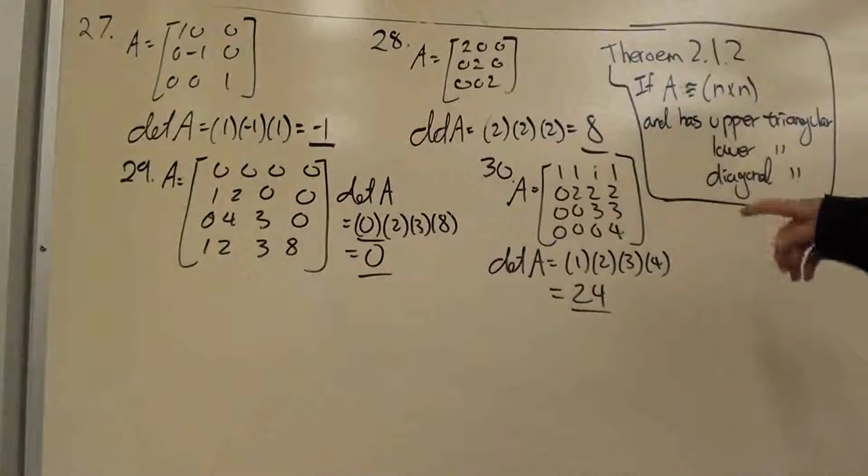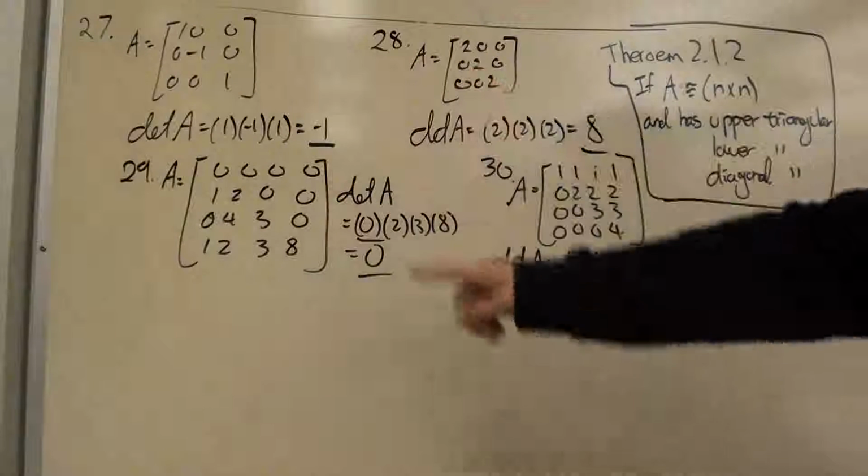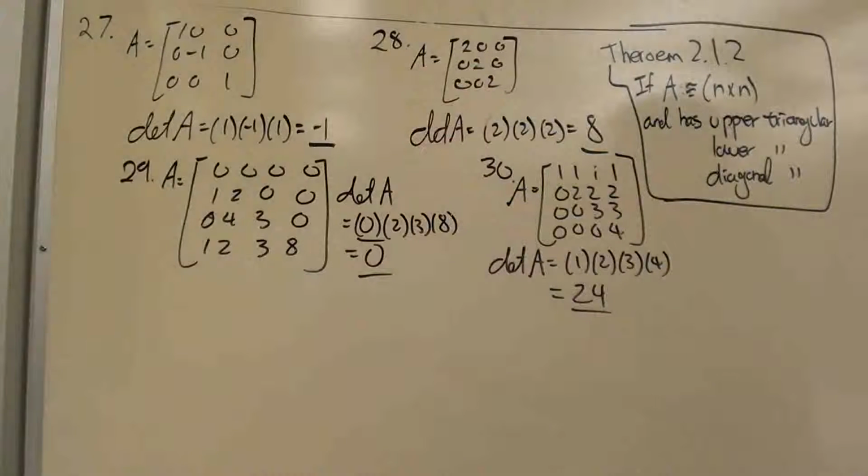If you can identify this condition, and maybe you have to do some eliminations or play around with the matrix so that you can get to one of these formats, if you could do that, all hats off to you, right? But just know that this option is out there, and this may be useful for other questions in the future. So that wraps up 2.1.